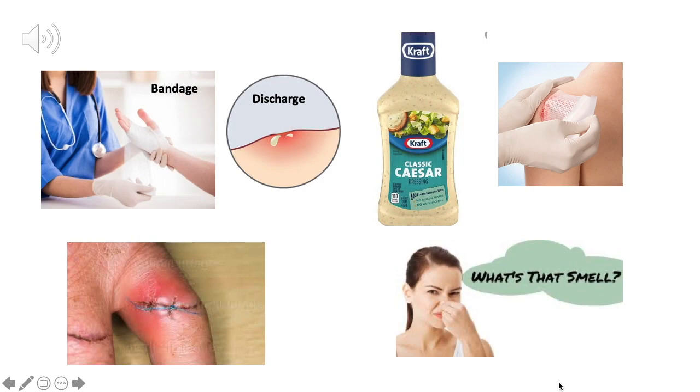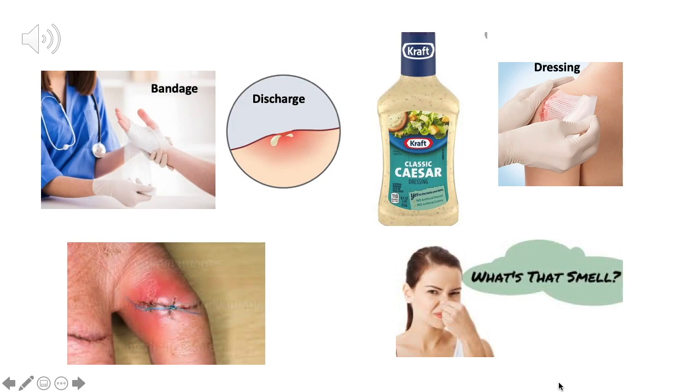Okay? It could also be a different type of discharge. It could be a discharge from different parts of our bodies. For example, it could be a vaginal discharge, any other type of liquid that comes out of somewhere, okay?